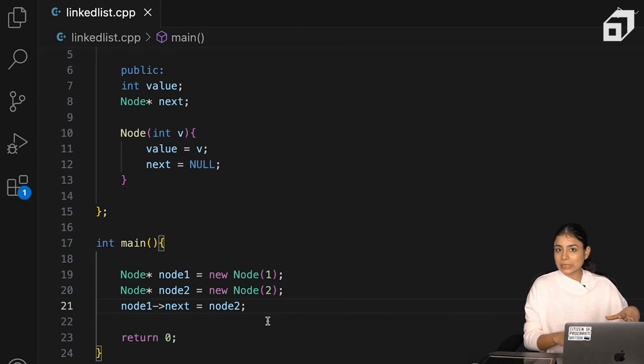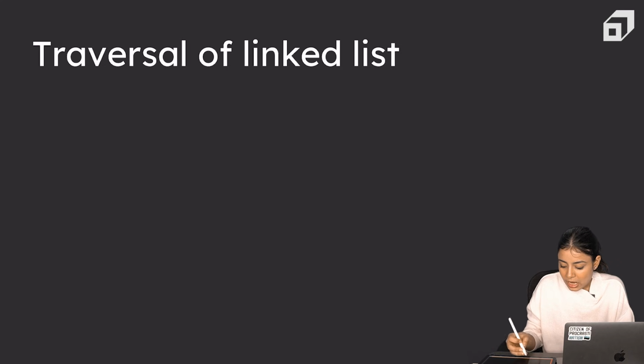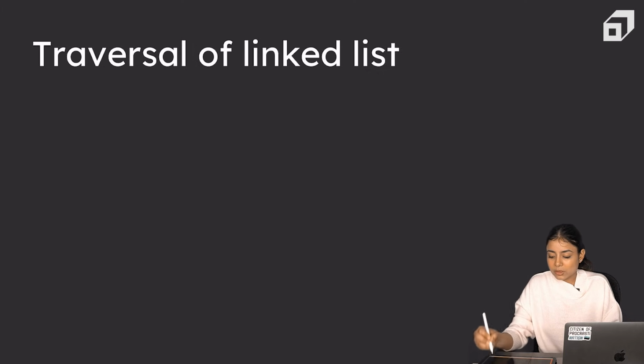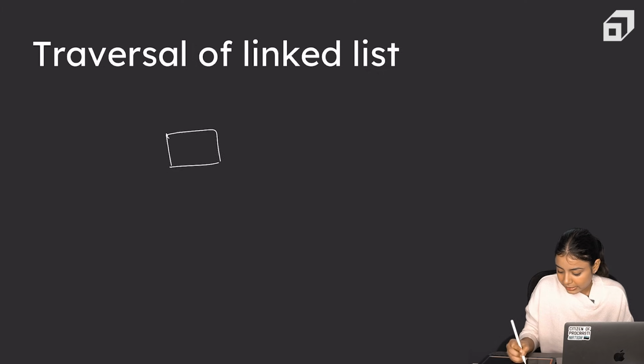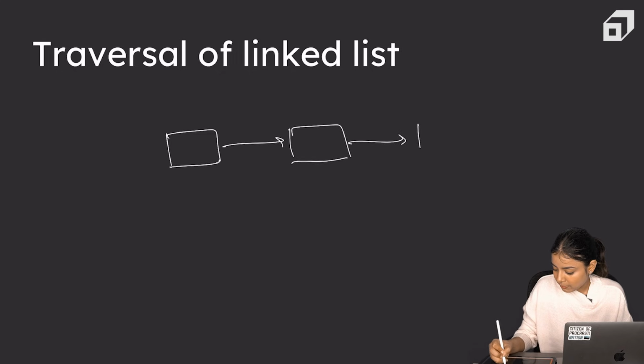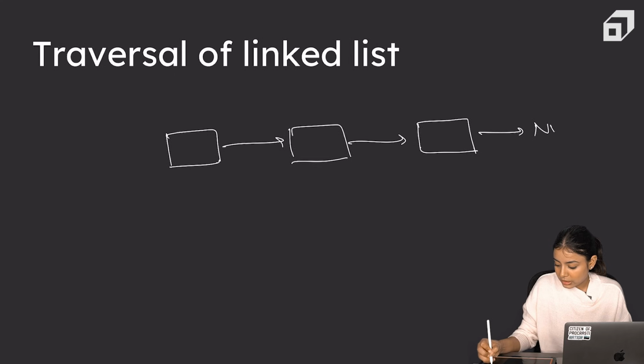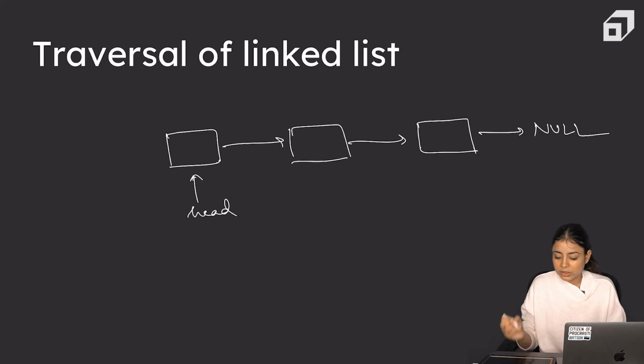Moving forward, let's see how we traverse. Now I've created a linked list here in code, but how can I traverse my linked list? I told you all I need to traverse my entire linked list is the head of the linked list, the starting point of my linked list. So just try to imagine, this is my linked list and the last node is pointing to null, and I have the head pointer which points to the first node in my linked list.